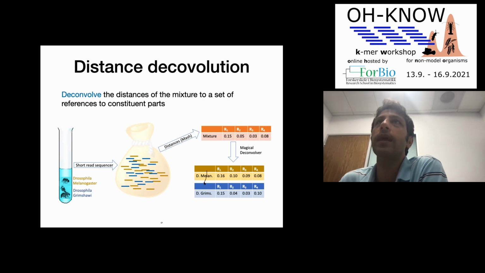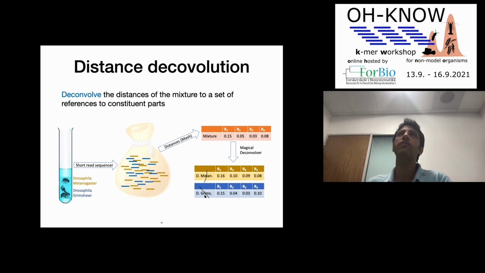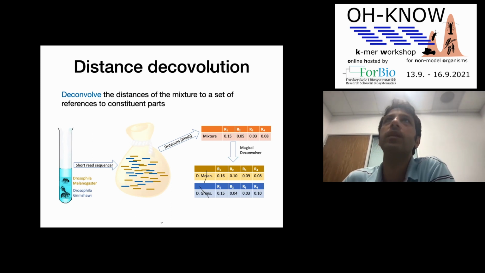We don't know the names, but at least we can take the mixture distances and deconvolve them into two different vectors. These two vectors would correspond to the distances of each of the constituents if you had the constituents as two separate samples. Can we deconvolve the vector? That's how we're going to approach the problem mathematically.